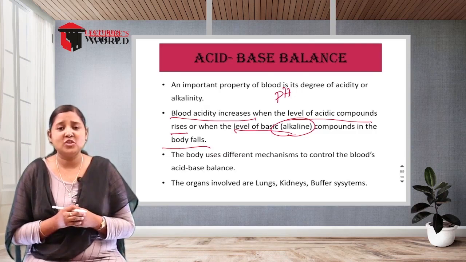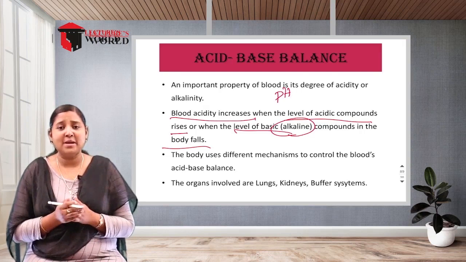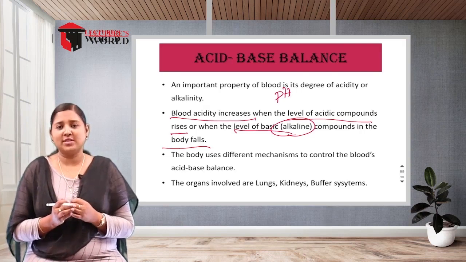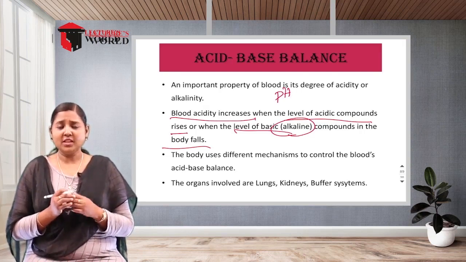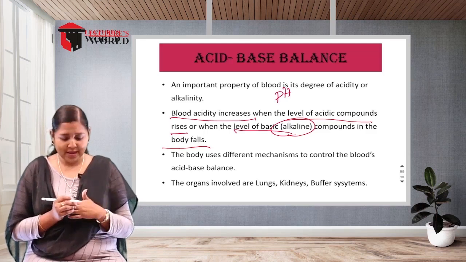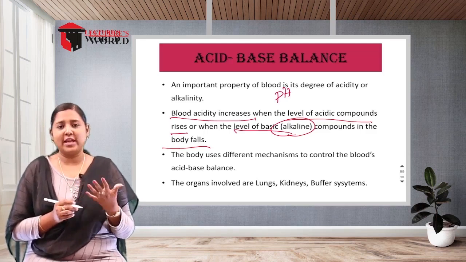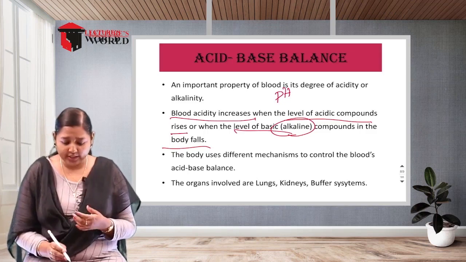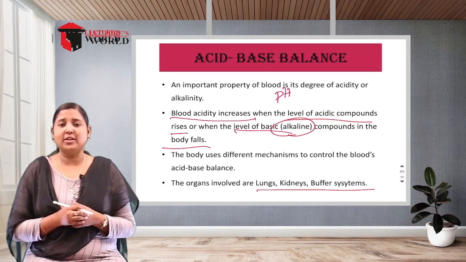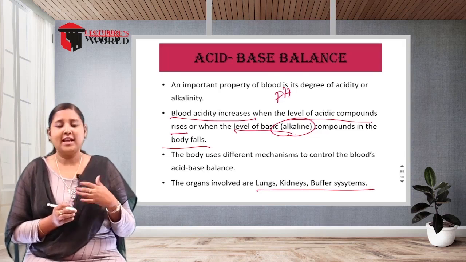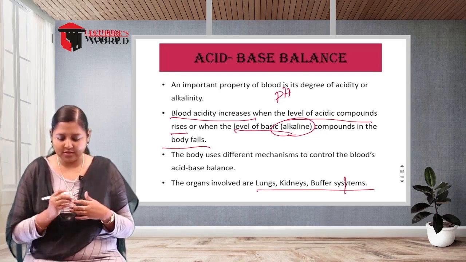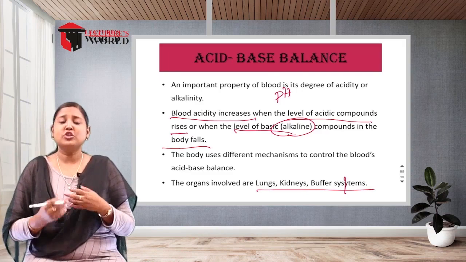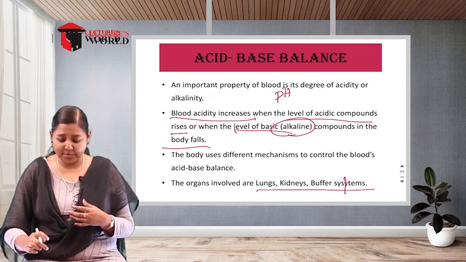The mechanism used to control fluid and electrolyte balance is called homeostasis. But in acid base balance, the main organs involved are the lungs and kidneys, and there are also buffer systems. Buffer systems usually help to maintain the acid base balance.